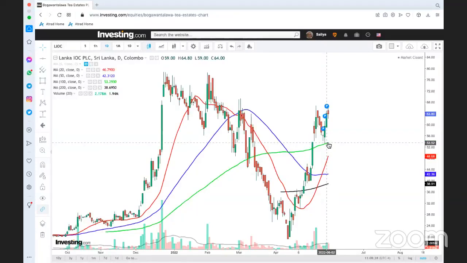So based on the breakouts of these 4 moving averages, LIOC is the only stock out of those 6 stocks that we looked at that has broken and moved into a stronger trend than the previous 5, right?